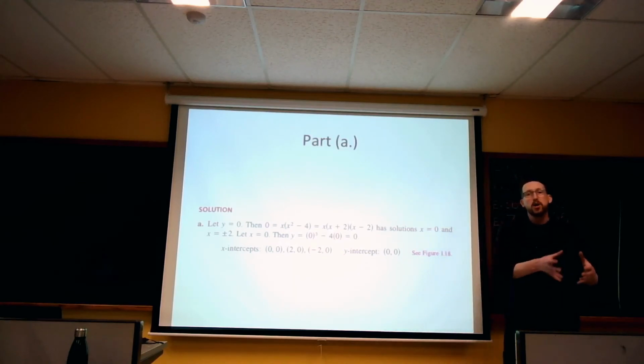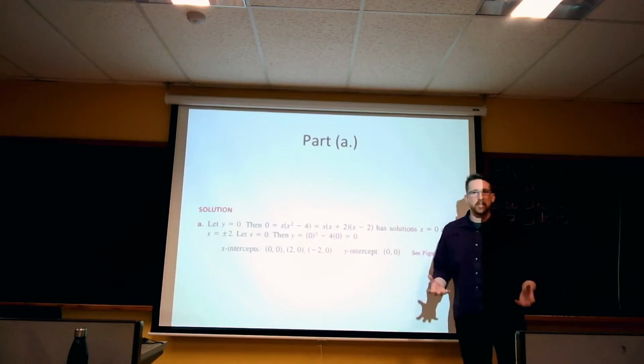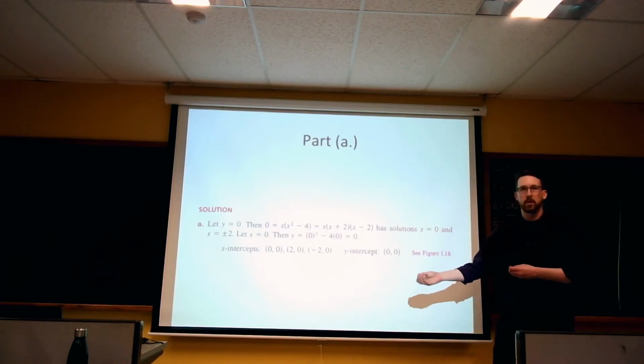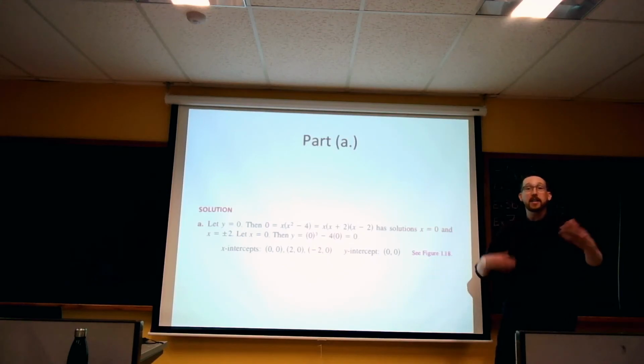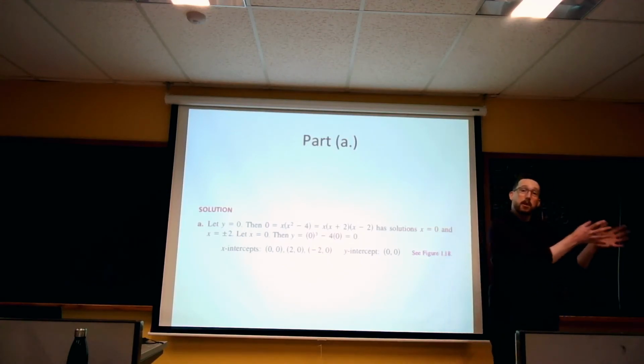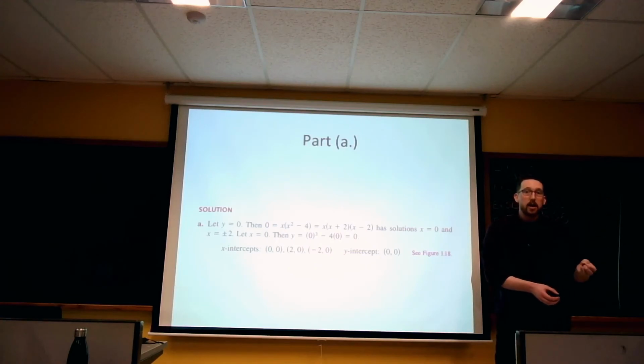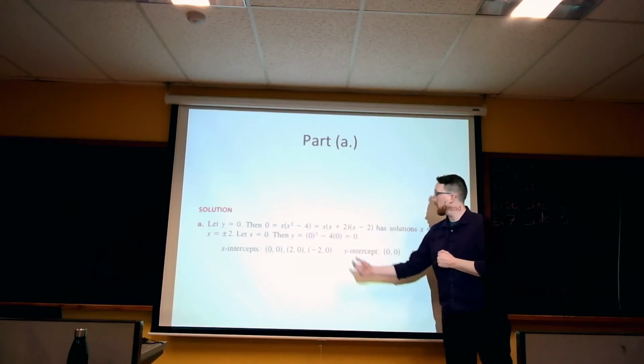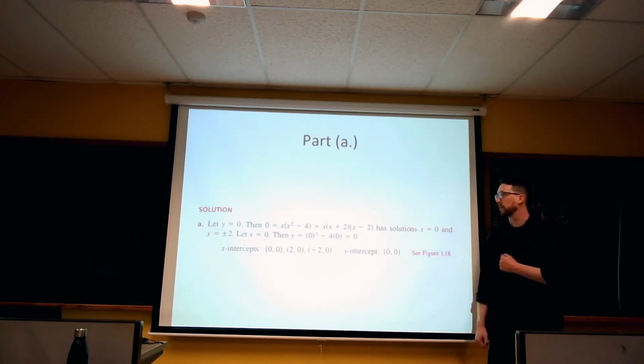The only way you can multiply any combination of things together and get 0 is if one of them is 0, right? A times B can only come out to be 0 if either A is 0 or B is 0. And because of that, we know that either x has to be 0, x plus 2 has to be 0, or x minus 2 has to be 0.